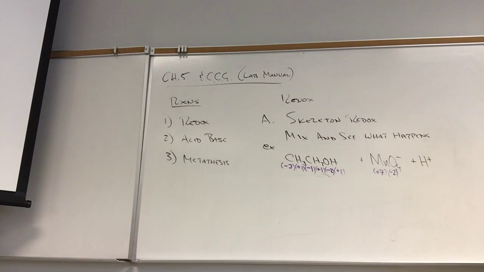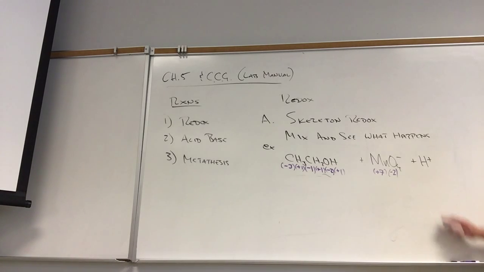But anyway, we have an electron-rich species and an electron-poor species. And then we have some H plus in there. What's the H plus? In this case, it's going to help us form water. It's H plus. We need that.